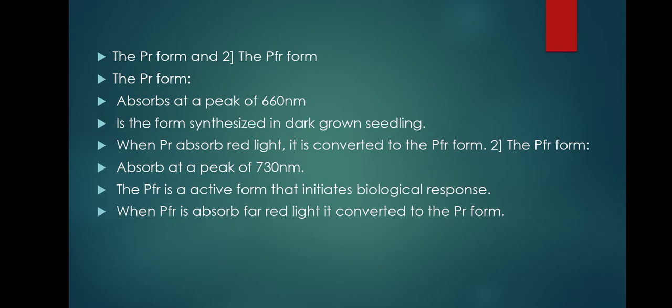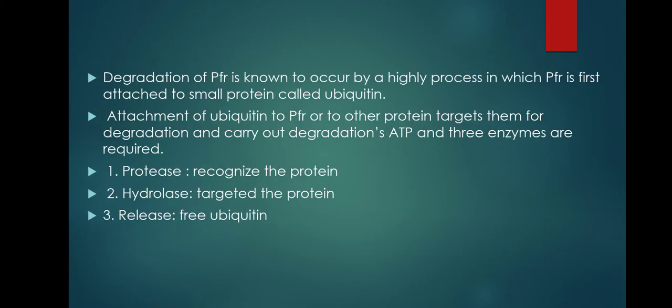When Pr absorbs red light, it is converted to the Pfr form. The Pfr form absorbs at a peak of 730 nanometer. Pfr is the active form that initiates biological response. When Pfr absorbs far-red light, it is converted to the Pr form.